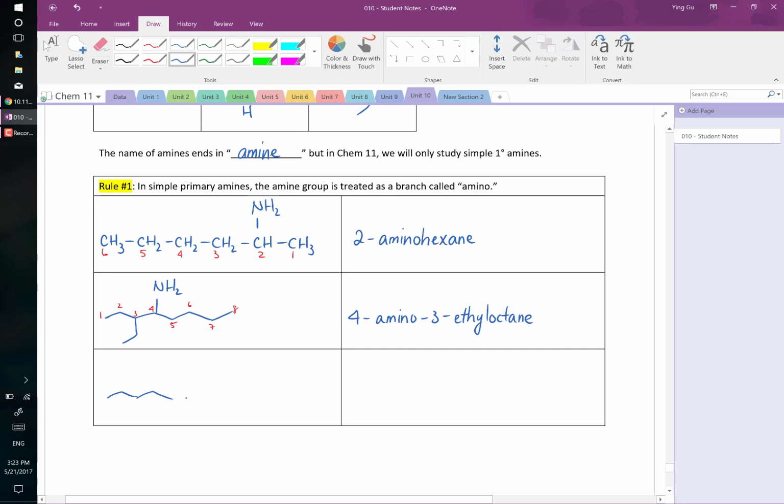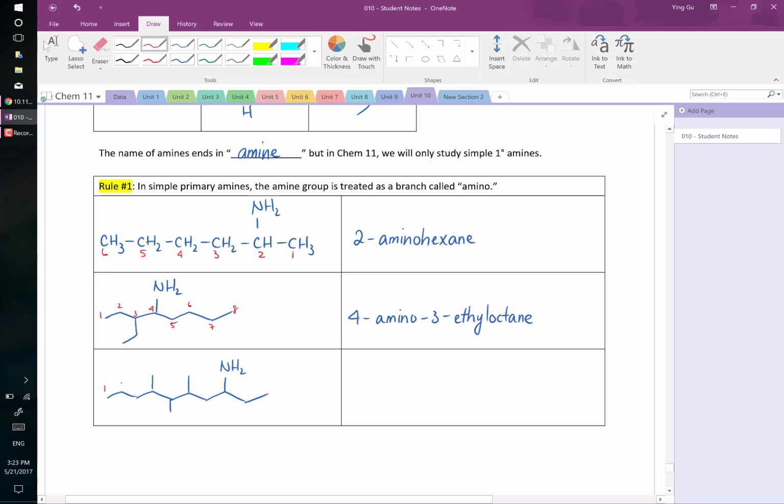And our last example, let's do a long one with a couple of branches here. Okay, keep the number set as low as possible. We have 2 options here.